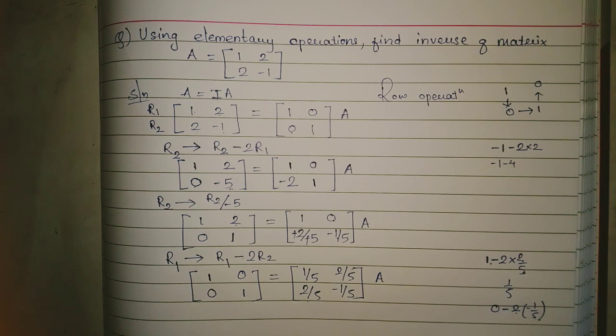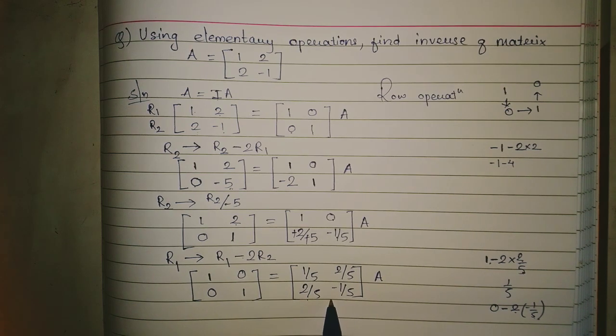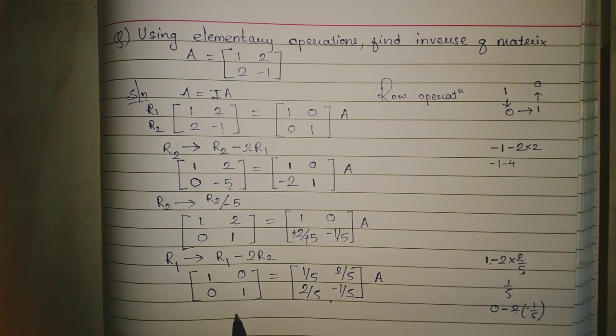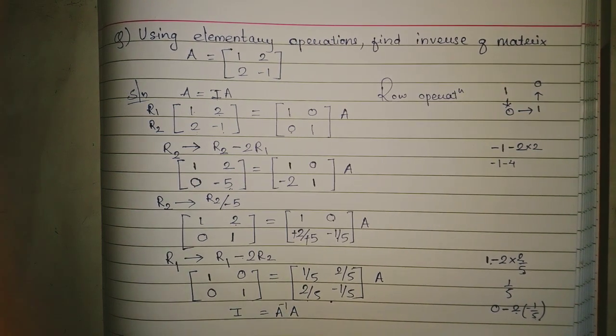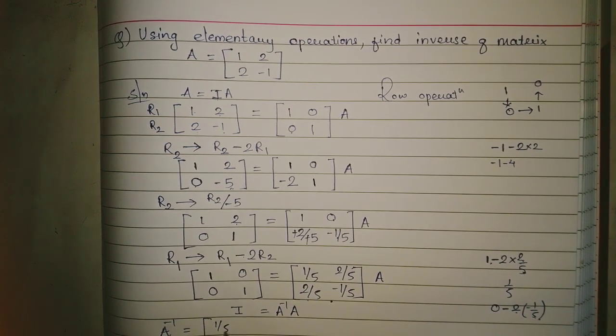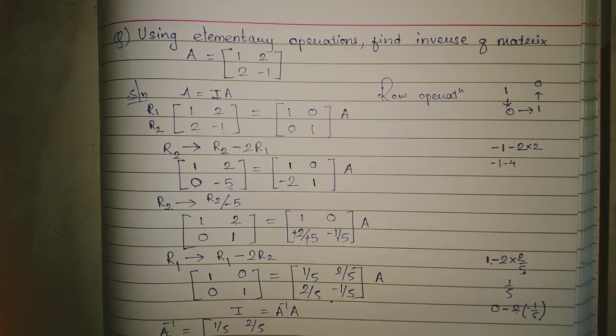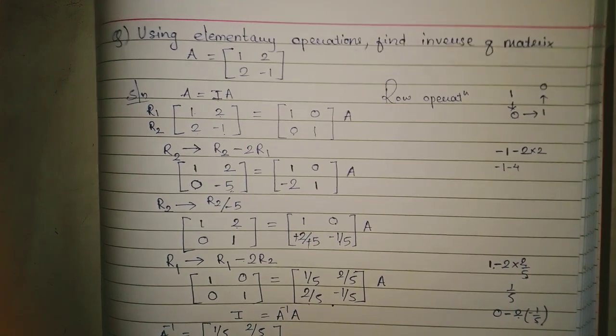So this is your A inverse. Whatever we get here becomes your A inverse. That is, we are proving this as I is equal to A inverse A. So our A inverse is 1 by 5, 2 by 5, 2 by 5, minus 1 by 5. This is our A inverse.